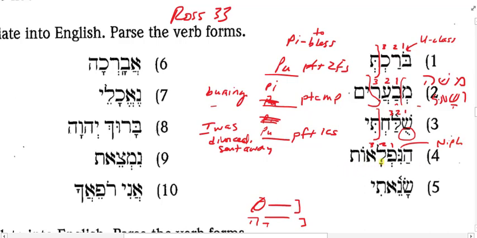Noon. And then I have a long A under the root 2. And that tells me it's a participle, right? You remember that? Nifal participles have both the noon prefix and the irreducibly long qamets under root 2. And the ot tells me it's what gender and number? Feminine plural. All right, so I've got that parsed.